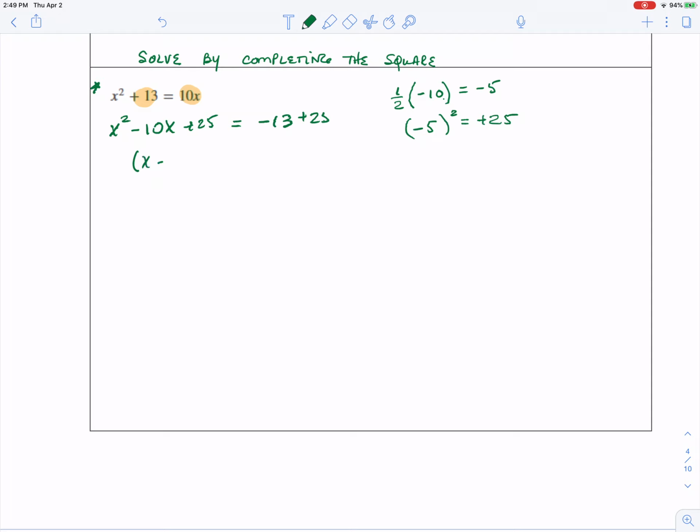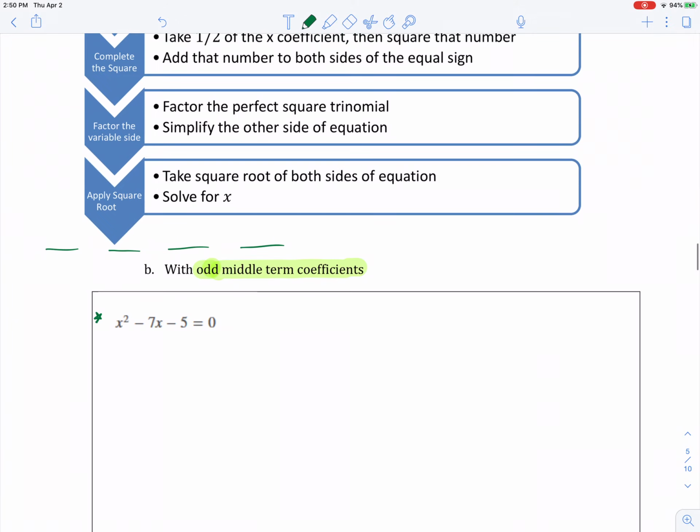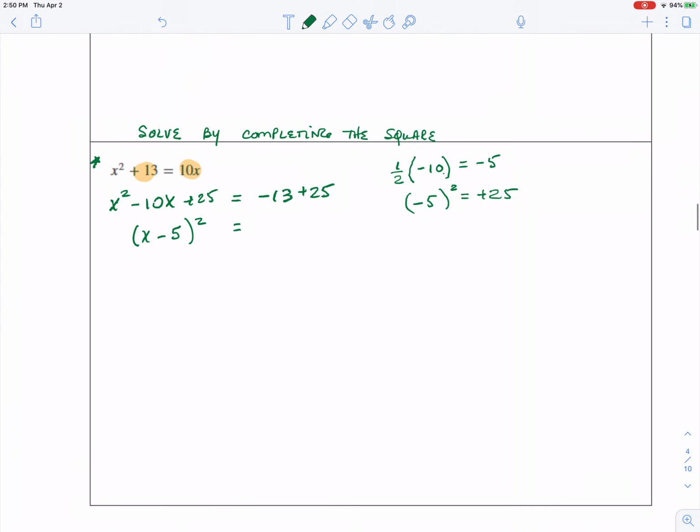So quickly, this is going to factor like this. Over here, I'm working, I think, with a 12. Oh yeah, let me go ahead and finish this one to remind you about something. So I'm taking the square root of each side, positive and negative square root over here.